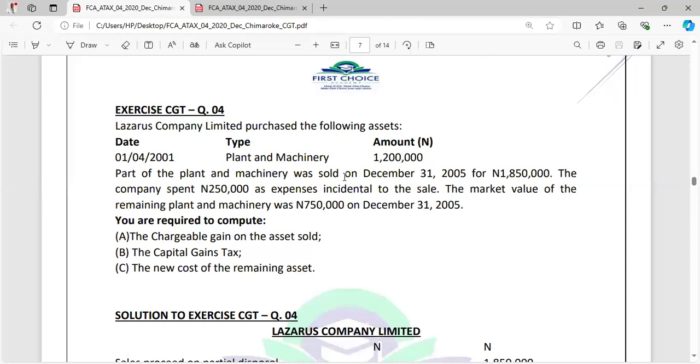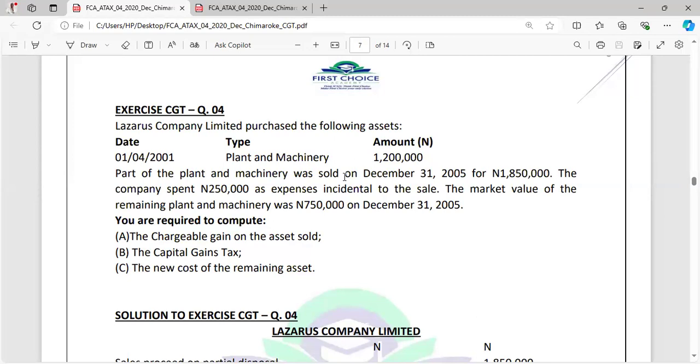That is the value of the part disposed, 1,850,000. This is the A. The part you are disposing of is called A. How much did you dispose of it for? 1,850,000, so 1,850,000 becomes your A. The company spent 250,000 as expenses incidental to the sale.